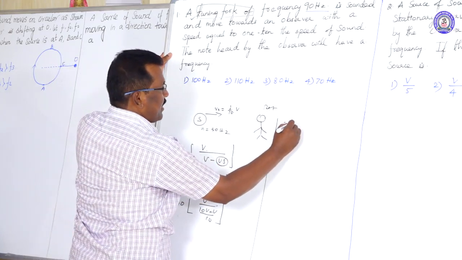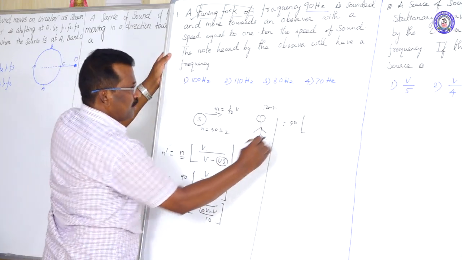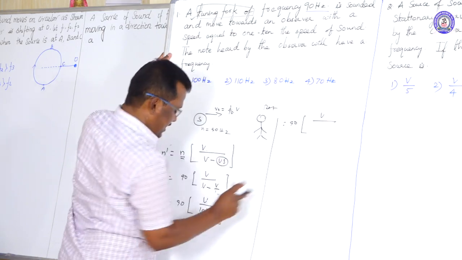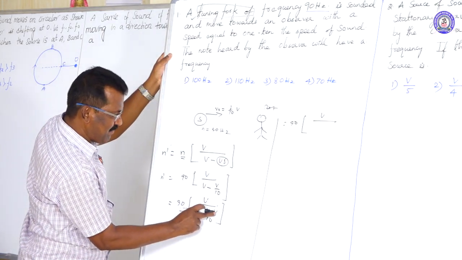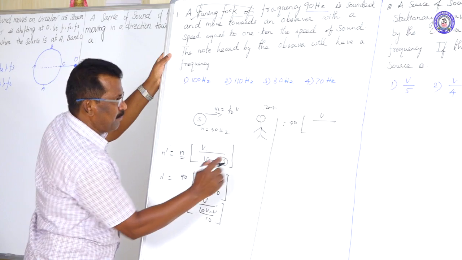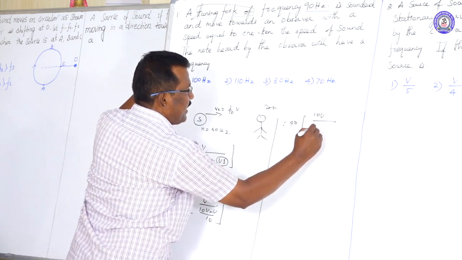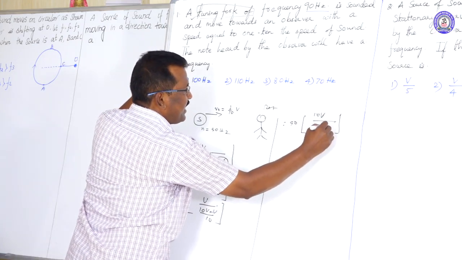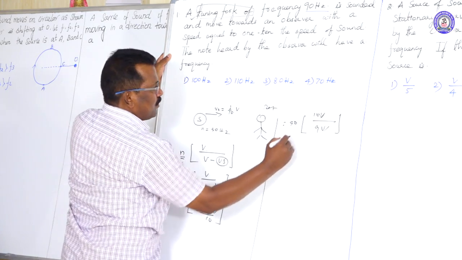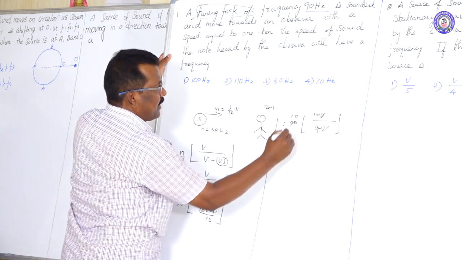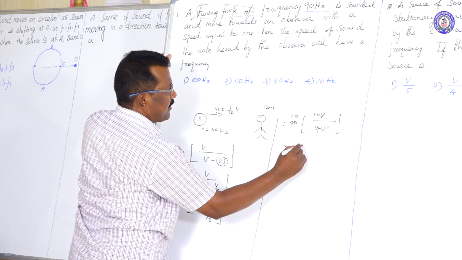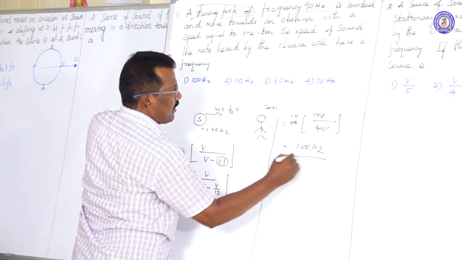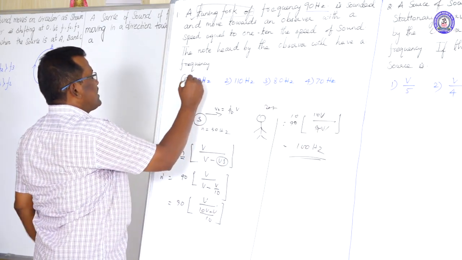That is 90 times V in the numerator, and in the denominator 10V minus V over 10, which is 9V by 10. This 10 goes up, so 10 by 9, V cancelled. So 10 times 10, 100 Hz. So the first option is correct.